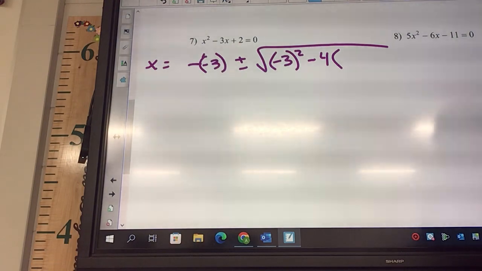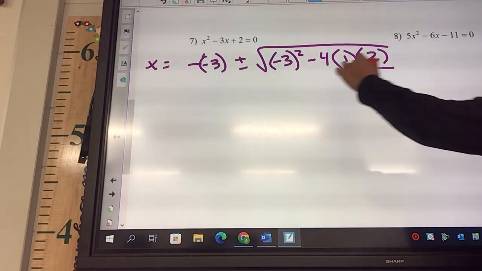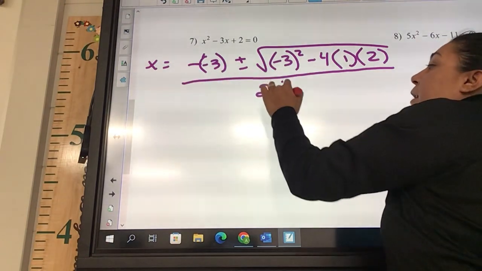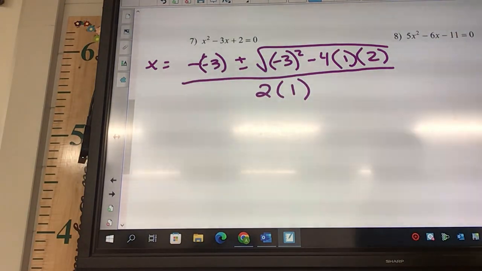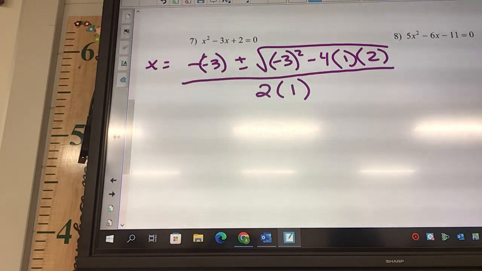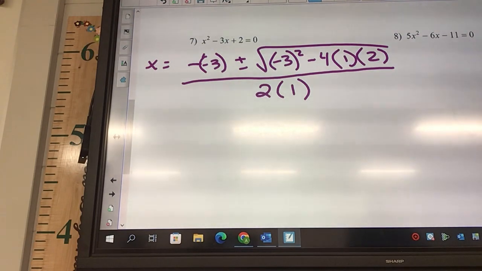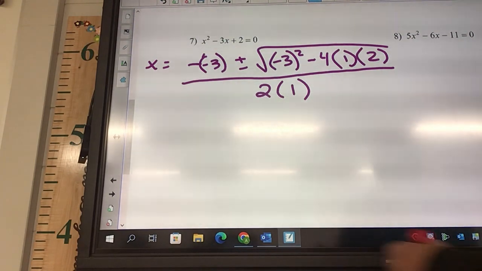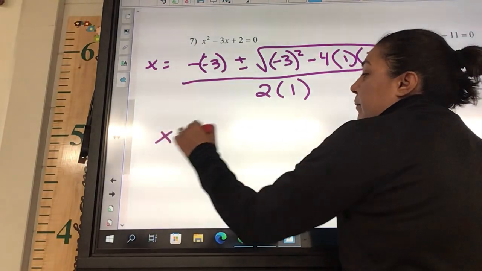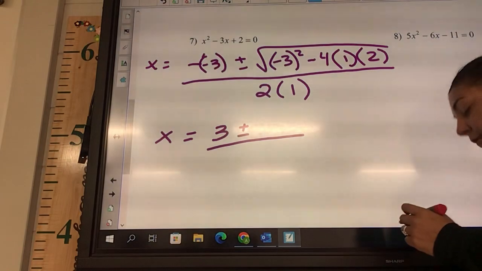What is my a? 1 times my c, which is 2, all over 2 times a, which is 1. Okay, what are we going to get for the first part? Just 3. Plus, minus. On the bottom, what am I getting?